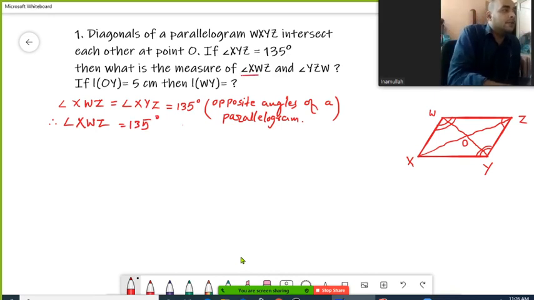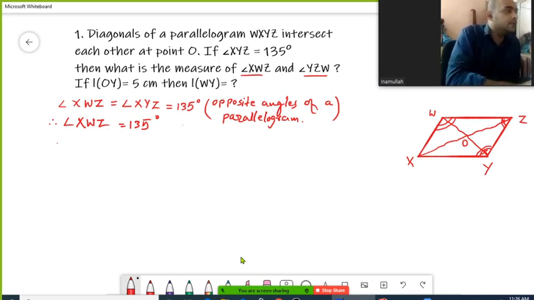Then we need to find out angle YZW also. So here YZW, this one, and angle XYZ, these two angles are supplementary because they are adjacent angles of a parallelogram.